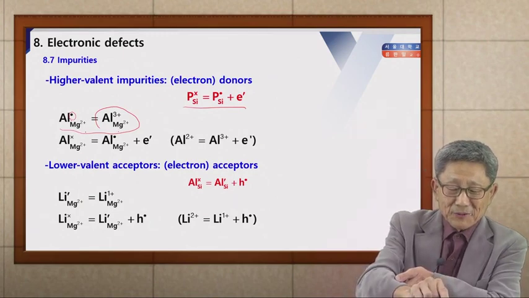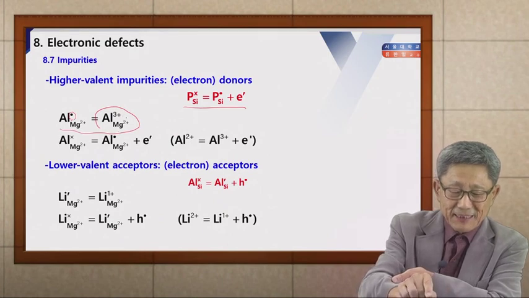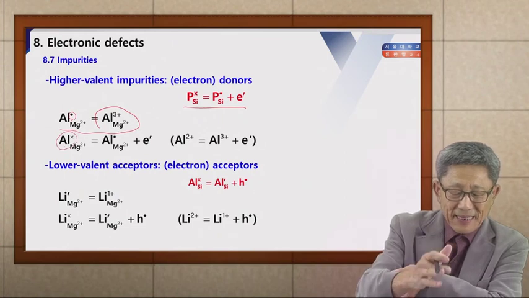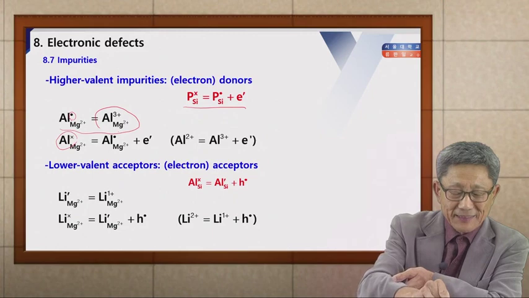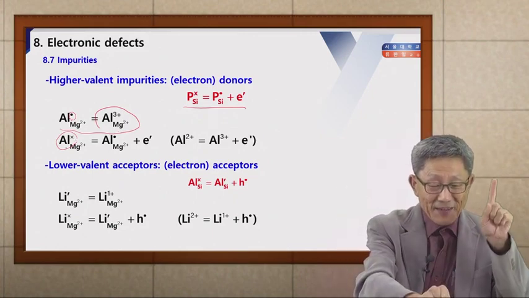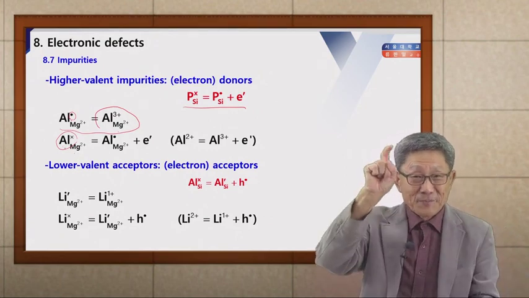Okay, what would happen if you keep this electron within itself to make the aluminum itself behave as if it were divalent? Then effective charge is just 0, right? Because divalent aluminum sitting on the Mg site, but this aluminum has one more electron.